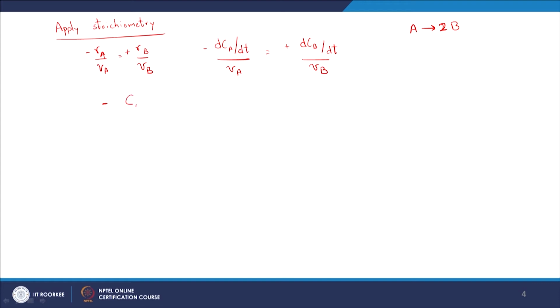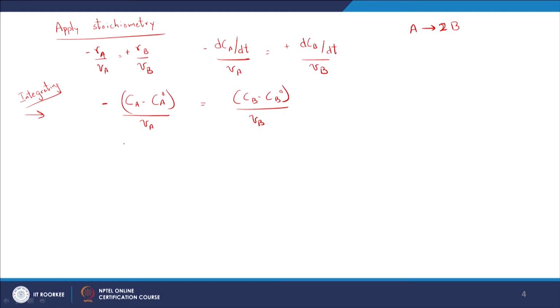C2 minus C1, as in Ca minus Ca naught, divided by the stoichiometric coefficient of A. We are talking about with respect to time obviously, and that is going to be equal to Cb minus Cb naught divided by the stoichiometric coefficient of B. This is obviously after integration, the change in concentration comes about after integrating the previous equation, and this is what you see here, Cb minus Cb naught.